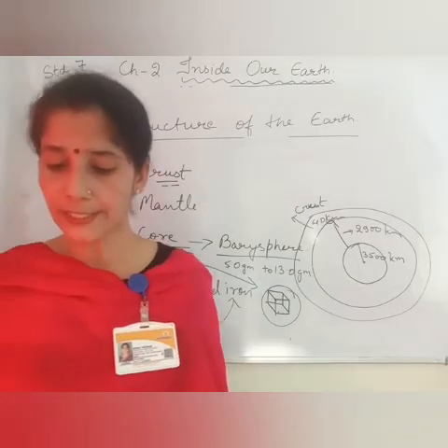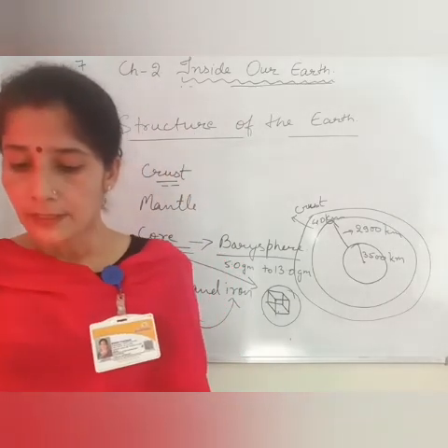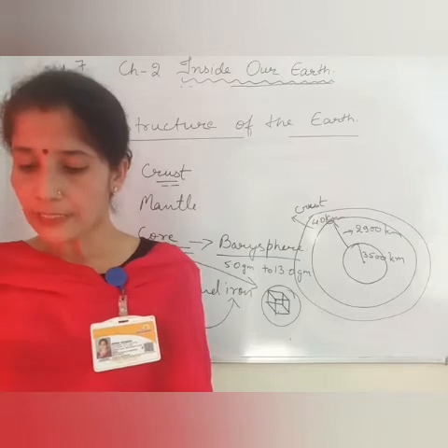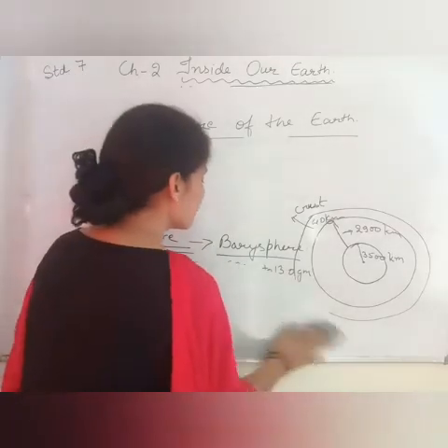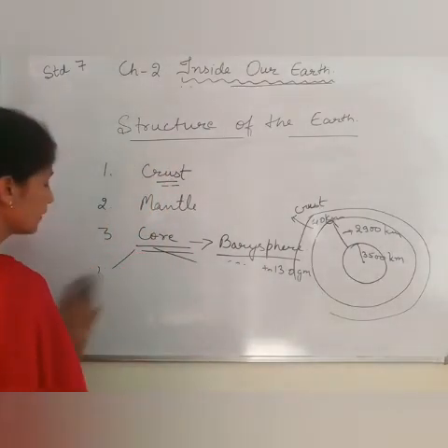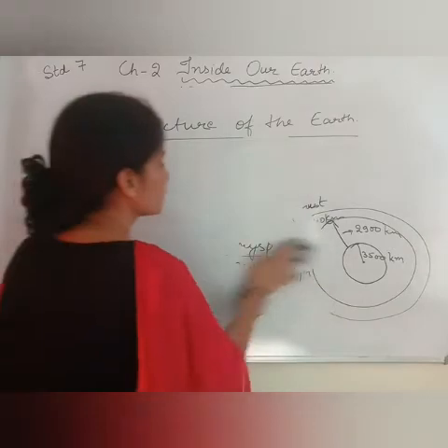Next topic is materials of the earth crust. The lithosphere is made up of rocks and minerals. Lithosphere, that is the land part of the earth. It is made up of different types of rocks and minerals.